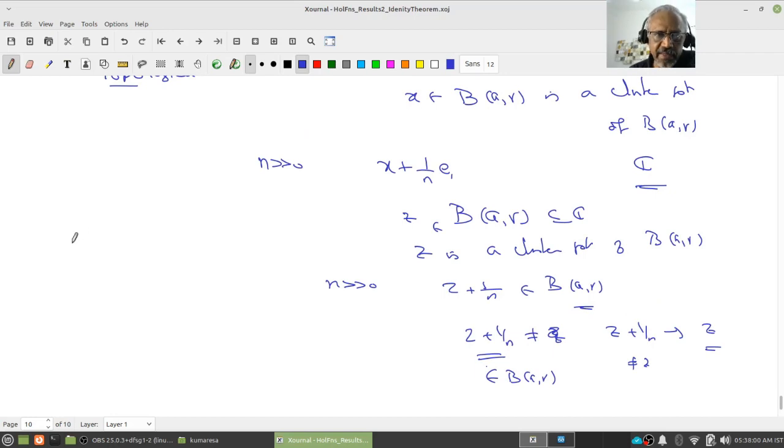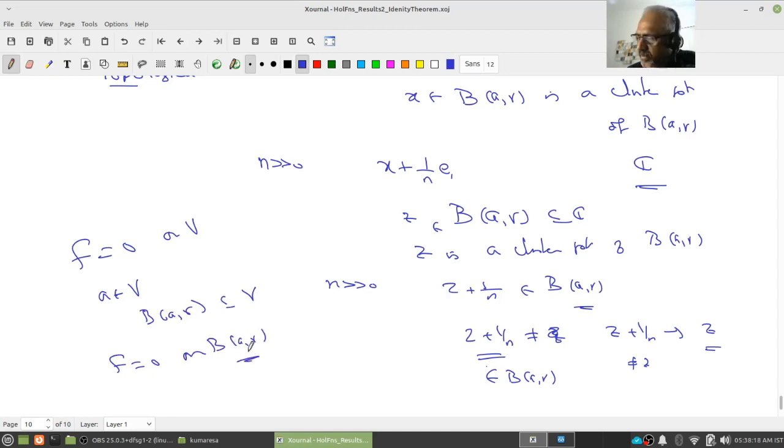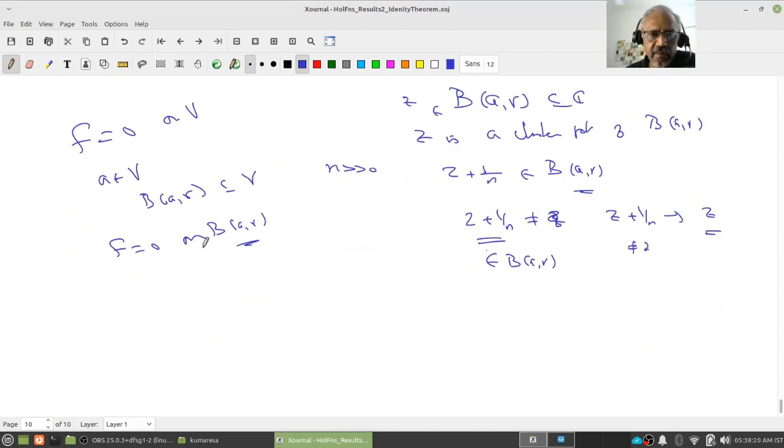Now we'll come back. Therefore, if f is 0 on V, since V is non-empty, there exists an a in V. Therefore, there exists a ball B̄ contained in V, so f is 0 on B̄.